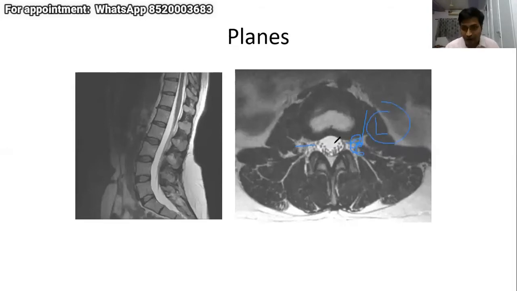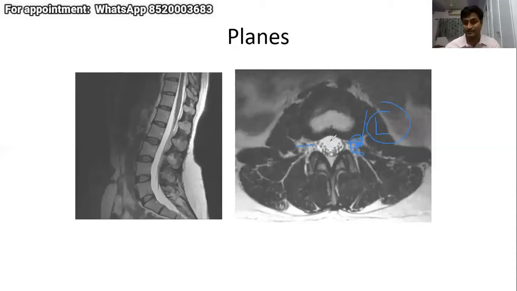Now, the small dots you are seeing, what are they? They are the nerve roots. These are all the traversing nerve roots which are present within the thecal sac. They have not yet come out.